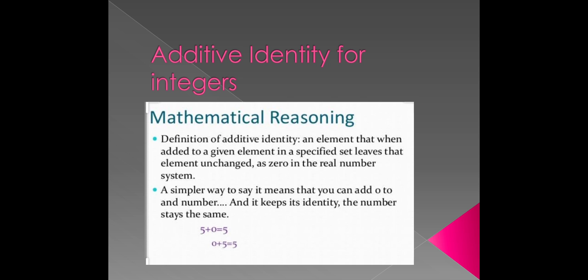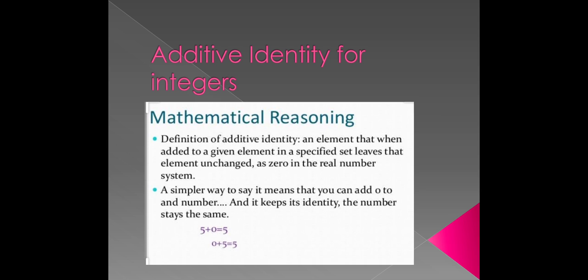Okay students, now here comes the last part of this session, the additive identity for integers. So students, what does additive identity for integers mean? It is an element that, when added to a given element in a specified set, leaves that element unchanged, as 0 does in the real number system.